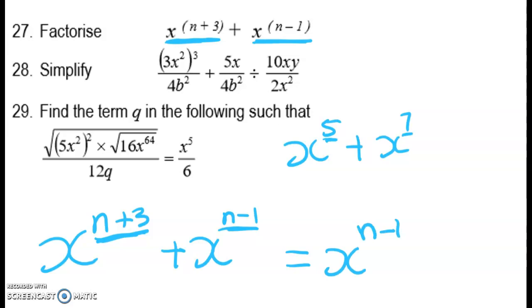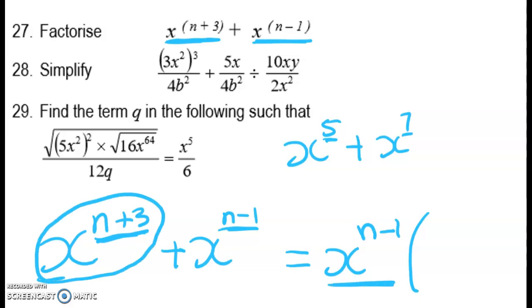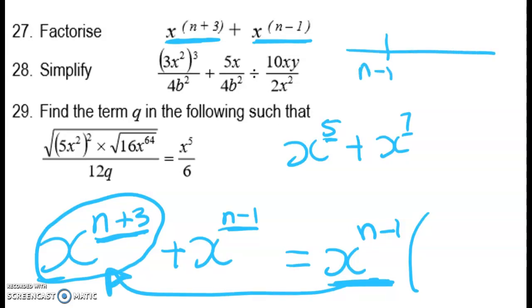So we have x to the power of n minus 1 times what? We have to ask, what do I have to times this by to get back to this? So think about your number line. Here's n minus 1. Here's n plus 3. How many hops have I got? Well, I've got 1 hop to n, 1 hop to n plus 1, 1 hop to n plus 2, and 1 hop to n plus 3.